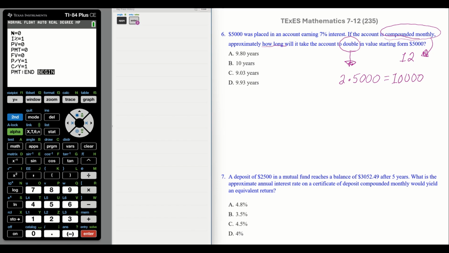Now, time. We are going to leave that at 0 because time is part of the n. Remember, that's your compounding times your n, and we can't enter that in that manner. We can't say 12t or t12. We can't do that like in the other problems. So let's leave it at 0. We don't need to anyway. Right now, 7%, enter your 7%.